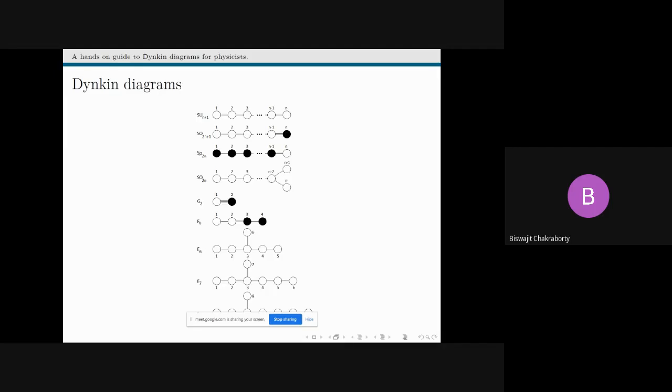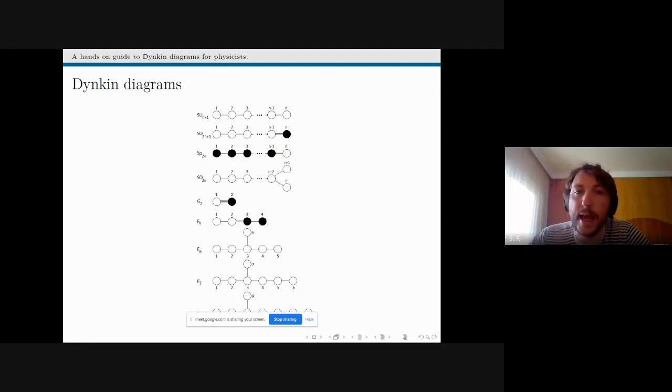The conjugation of H by G gives G H G inverse, which will be again H. When you consider the infinitesimal Lie algebraic version, the commutator of G with H will be again some element of H. So not simple, but the proper ideal is the algebraic version of what is a normal subgroup in the group language.